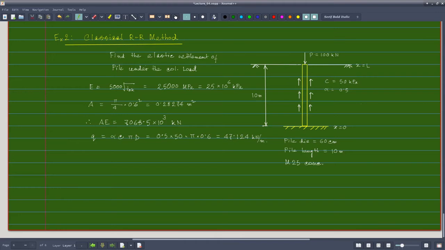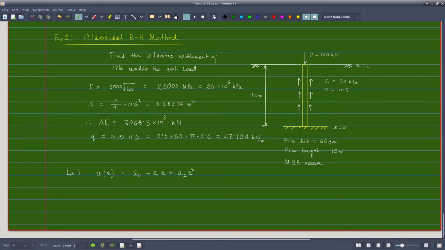Okay. Now let us use the classical Rayleigh-Ritz method. Let us take up a quadratic polynomial for the displacement function. So therefore let u(x) be a naught plus a1 x plus a2 x square.